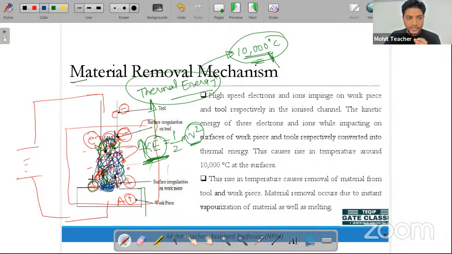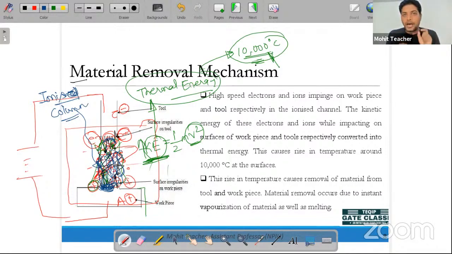Ionized column is formed. Yesterday also we talked about that. And why is this ionized column formed? Because we are continuously supplying the current.